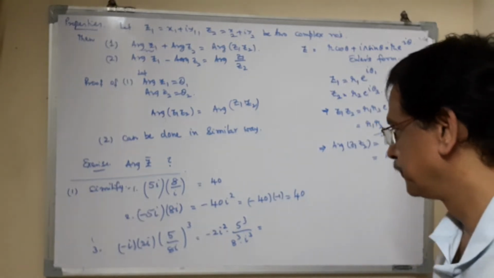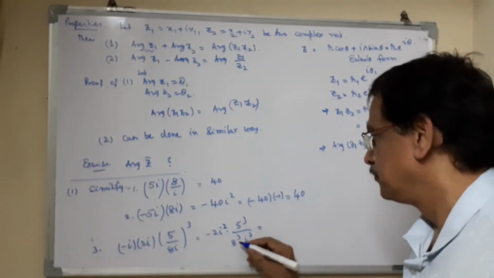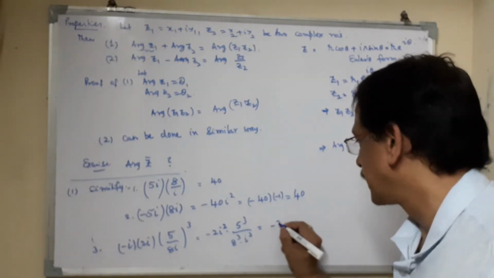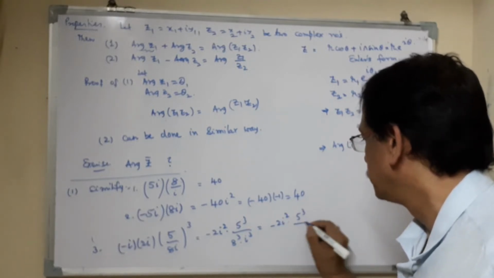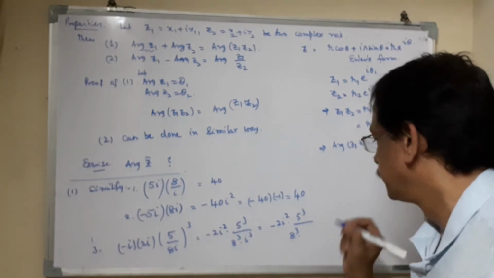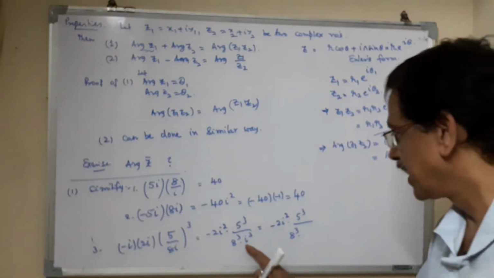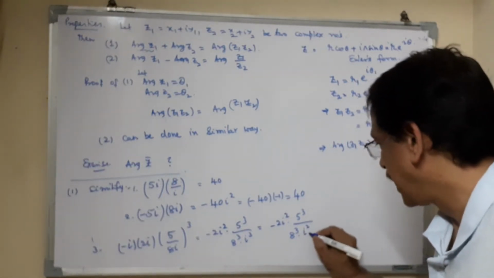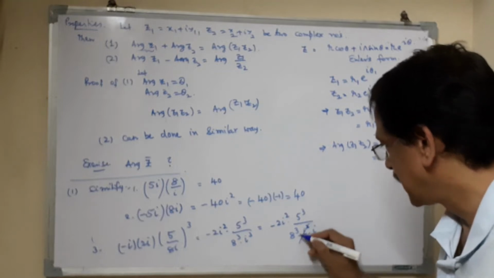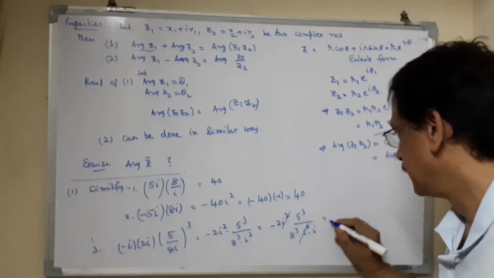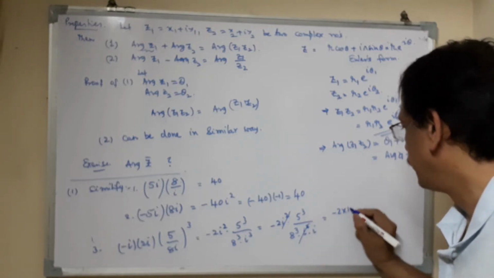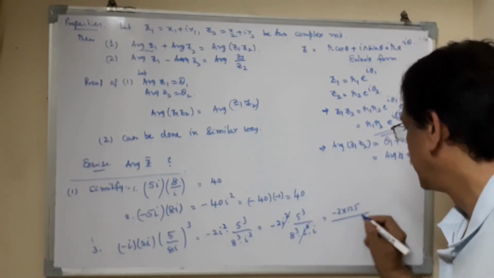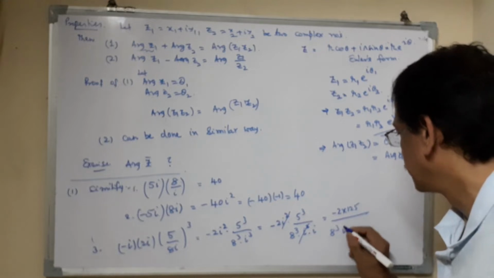I can write i cube as i square into i, so this i square I can cancel. So I'll get minus 2 times 5 cube, which is 125, by 8 cube i.